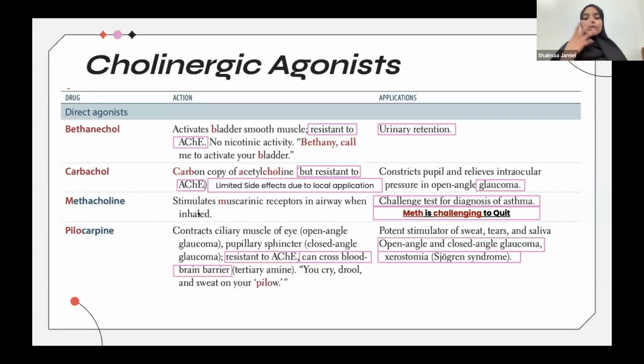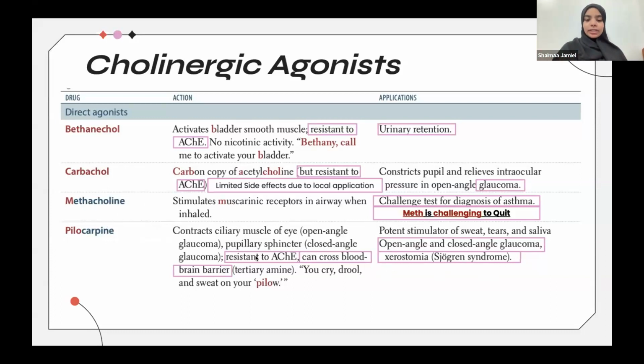And also when you have dry mouth, dry eyes, and so on, it's going to increase the secretions because that's the function of parasympathetic. So it's used in situations like Sjogren, because then those are the people who have xerostomia, which is dry mouth and dry eyes and so on. And very nice about it is that it can cross the blood-brain barrier.